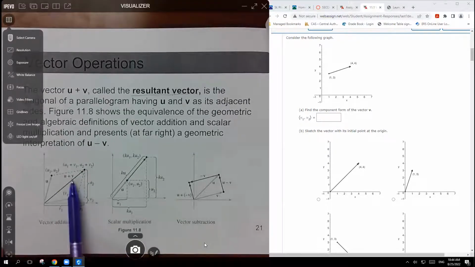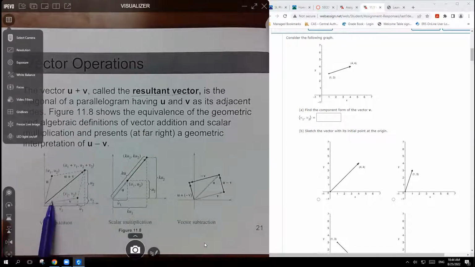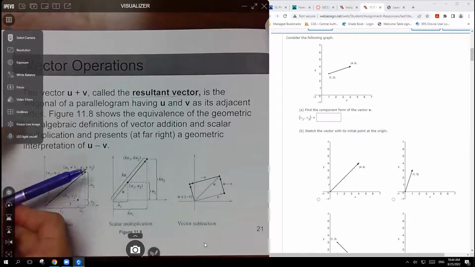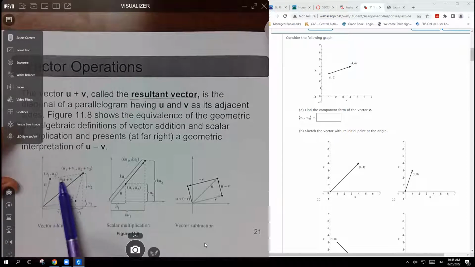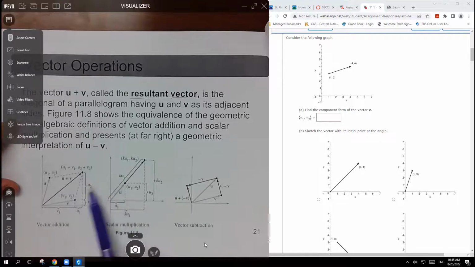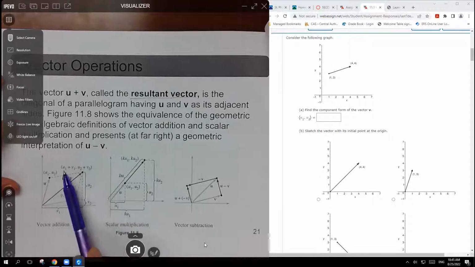Here, this is U and V. Again, you're going to move V here. So here's going to be the resultant vector, which is U plus V. But if you want to check how much the result is, you're just going to add the components of U and V: U1 plus V1, U2 plus V2.